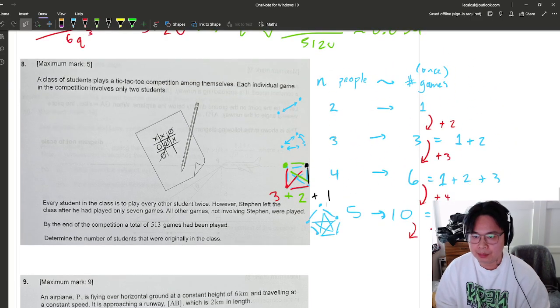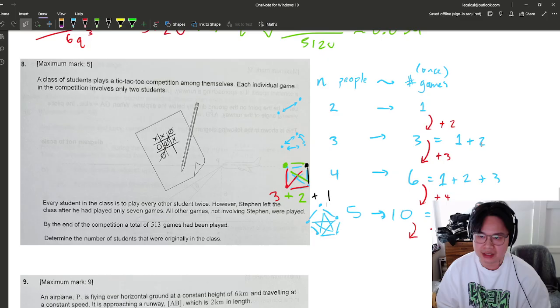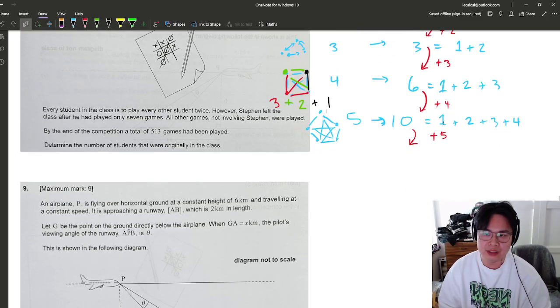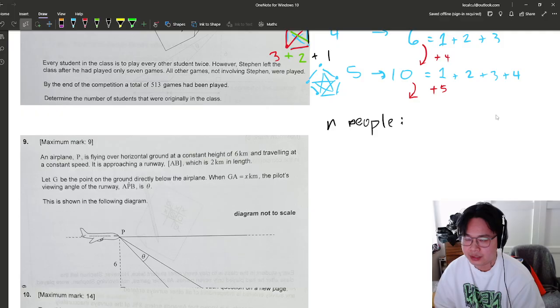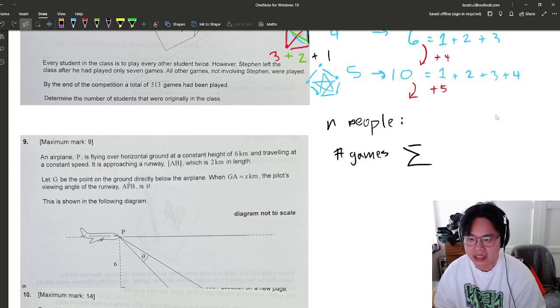Therefore, we have this pattern, right? If you have 3 people, the number of games you play is 1 plus 2. If you have 4 people, it's 1 plus 2 plus 3. 5 people is 1 plus 2 plus 3 plus 4. So that means that for n people, the number of games you play is literally just the sum of i, starting at 1 to n minus 1.